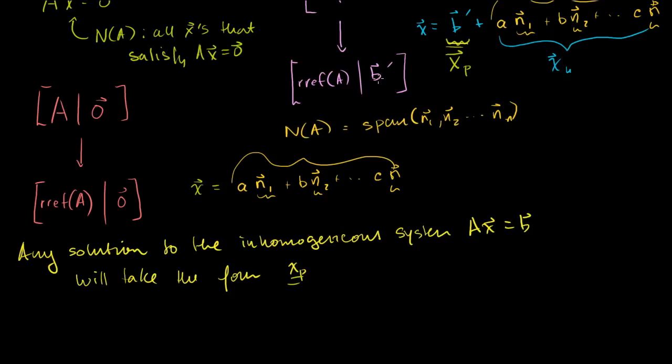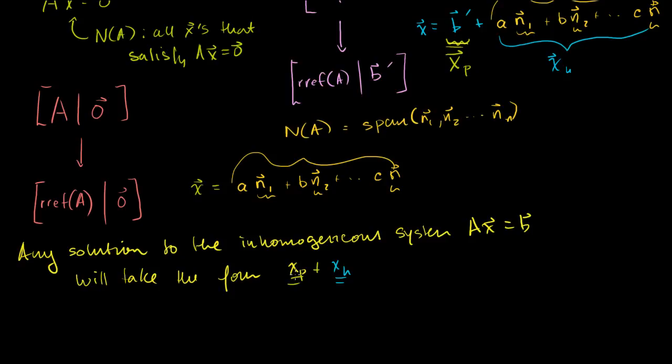When you do the reduced row echelon form, it becomes that B prime vector, plus some homogeneous solution, so some member of the null space. Now, I didn't prove it to you, but I implied that this is the case.